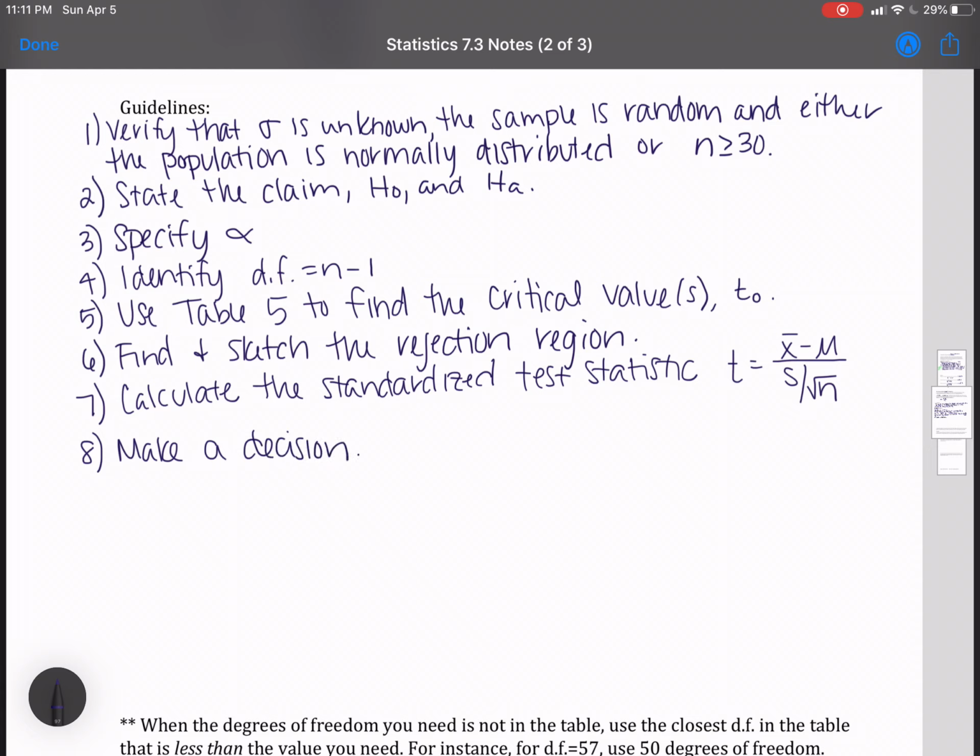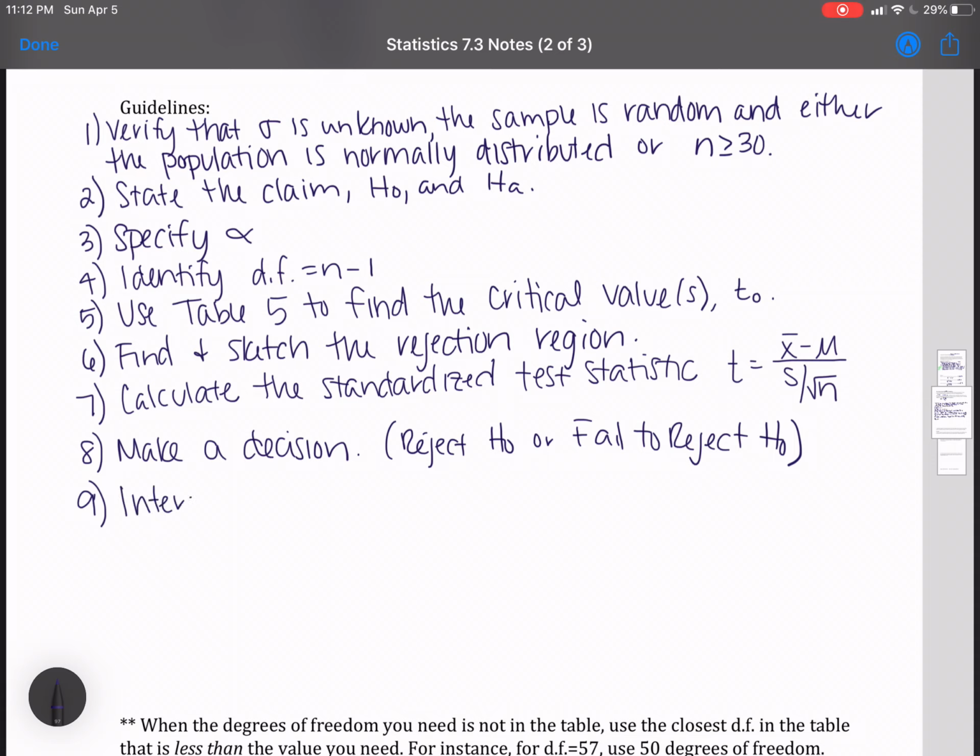Remember, our two decisions are either to reject the null hypothesis or fail to reject. And then lastly, we're going to interpret the decision in context with the claim.